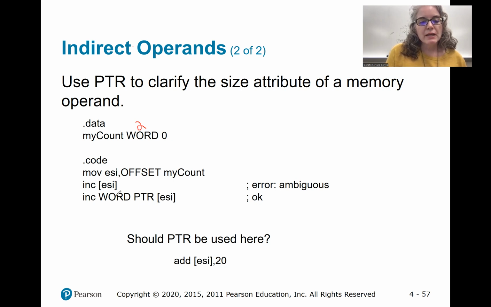So here we're saying increase ESI by word pointer, so increase it by 2. And that will increase the address of ESI. So right now we're going to do this and we're going to see what happens.